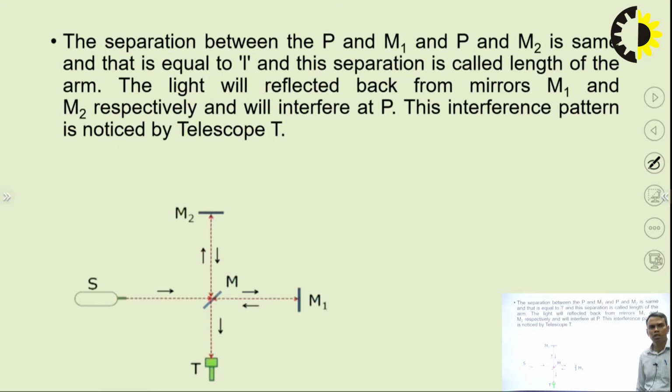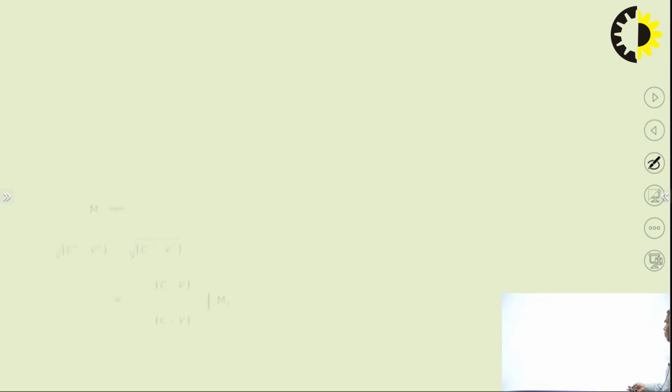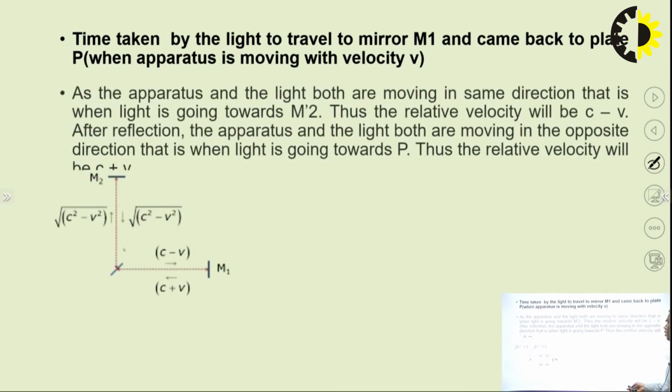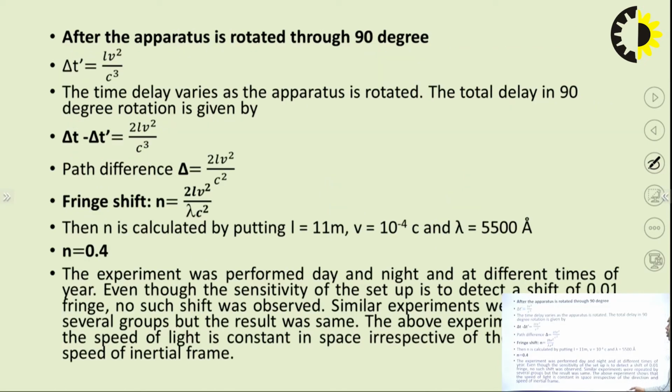In this experiment, Michelson and Morley calculated the time difference or path difference between two beams going in the directions M1 and M2. Using the Galilean transformation, they found the path difference delta is equal to 2 L v square by c square.